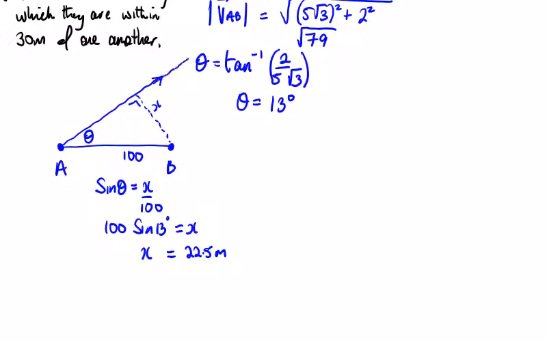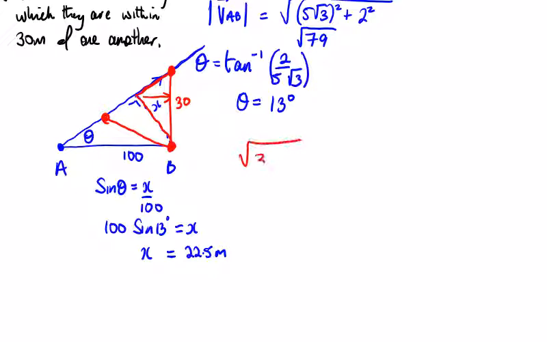Okay, I'll just extend this line along a little bit and change colors. So when they're within 30, this has to be 30 from here to here, and this has to be 30 from here to here. So I need to get this side, double it. So I'm looking for one of the straight sides, and you can see my right angle, 30 is opposite it.